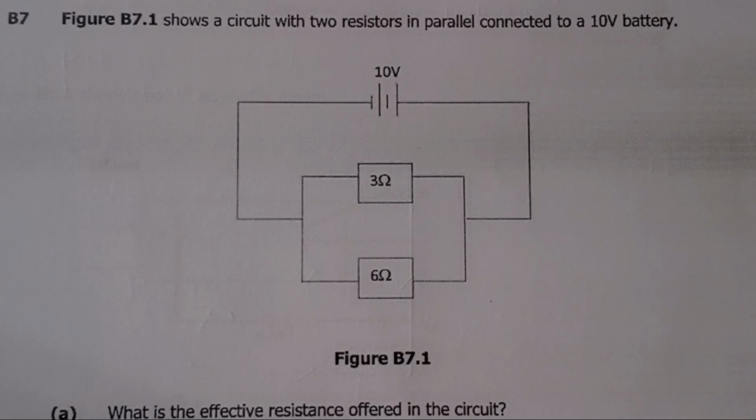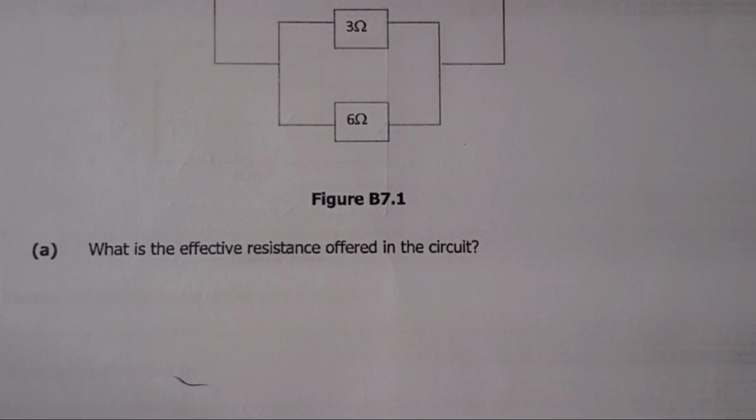Number 7, figure B7.1 shows a circuit with two resistors in parallel connected to a 10 volts battery. So we've got these two resistors, they are in parallel. We've got a 10 volts battery. So part A, what is the effective resistance offered in the circuit?